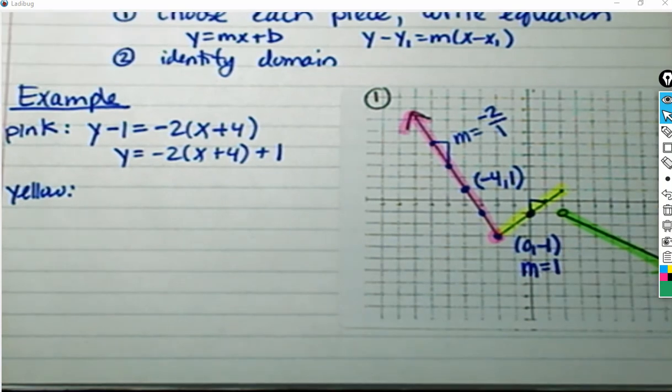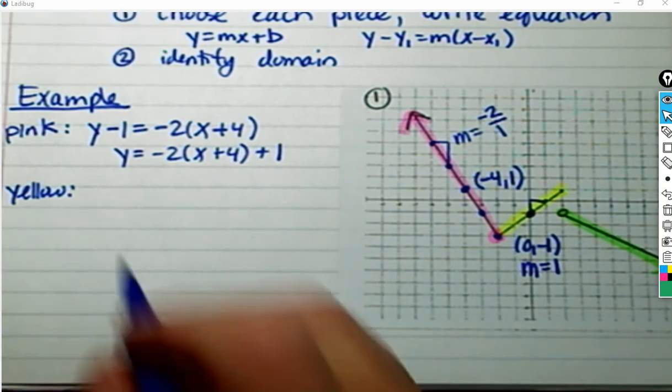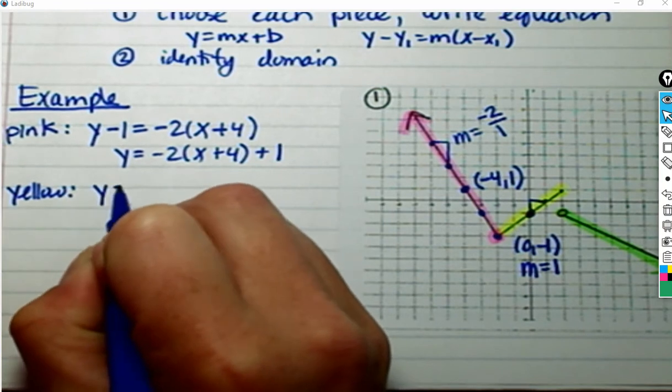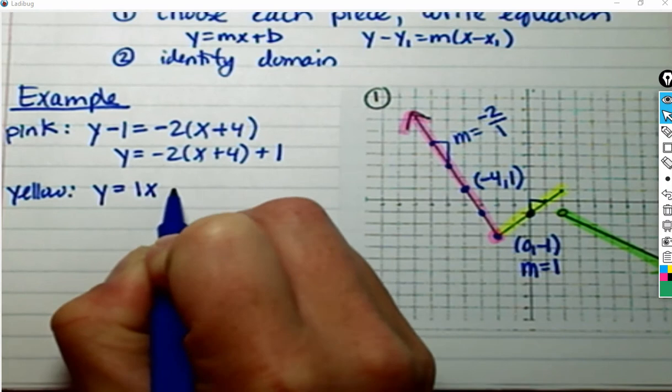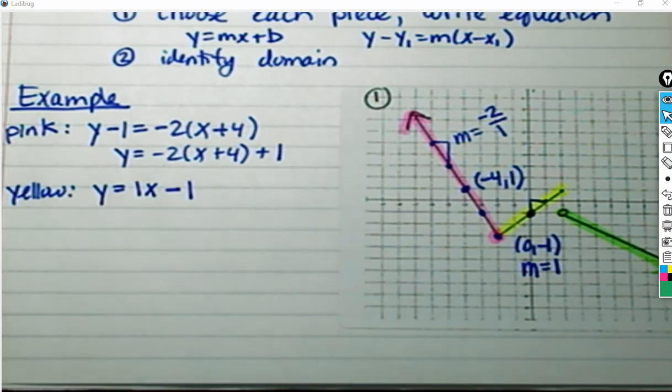So I picked my point and I picked my slope. y equals slope. This time, because I happen to have the y-intercept clearly labeled, I chose to use the y equals mx plus b format. It's not always usable, but sometimes when the line's really neat and it goes right through the y-axis, you can use it.